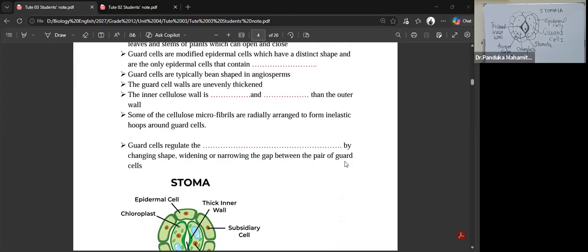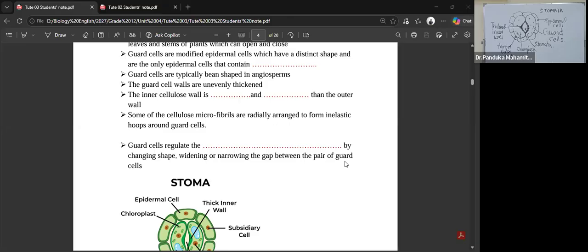Guard cells are typically bean-shaped in angiosperms, and the guard cell walls are unevenly thickened. The inner cellular wall is thicker and less elastic than the outer wall.